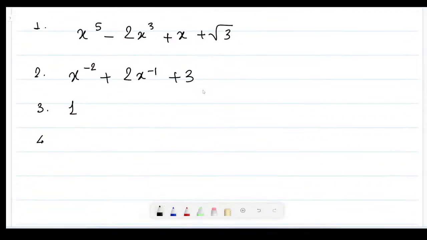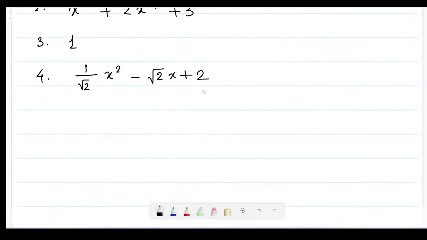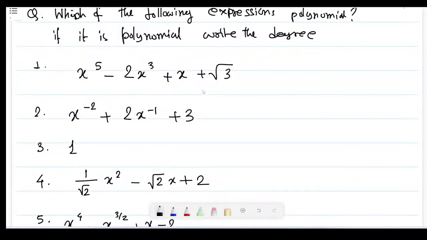Another one is 1 by root 2 x to the power 2 minus root 2 x plus 2. Another term is x to the power 4 minus x to the power 3 by 2 plus x minus 2. Okay.